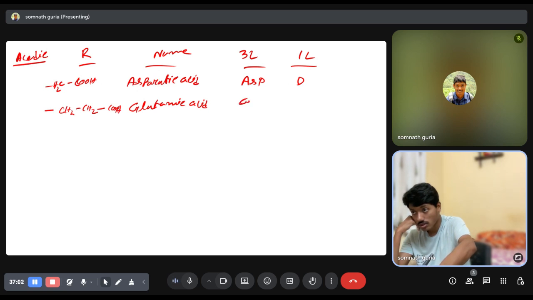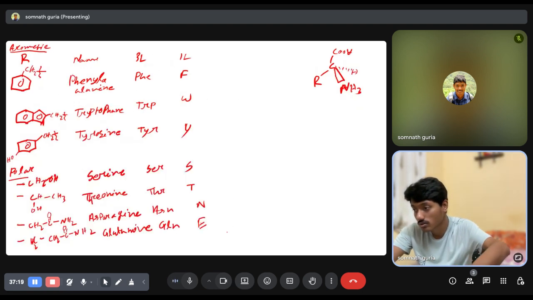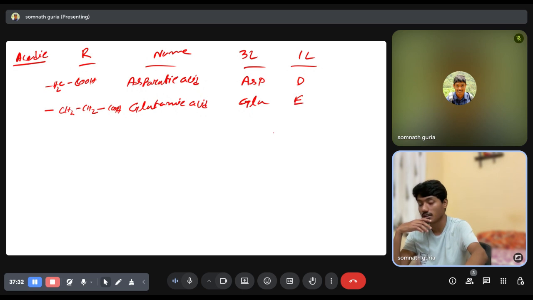Three letter code is GLU, and one letter code is E. Oh, this will be GLN, and this will be the Q. And this glutamic acid will be the E.